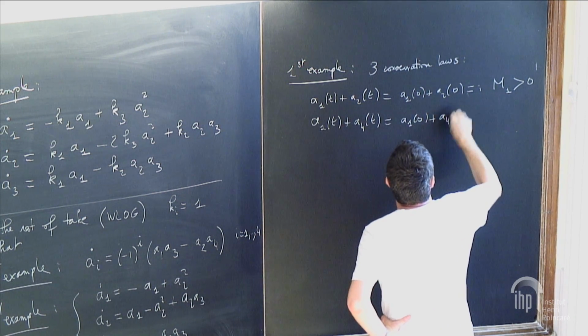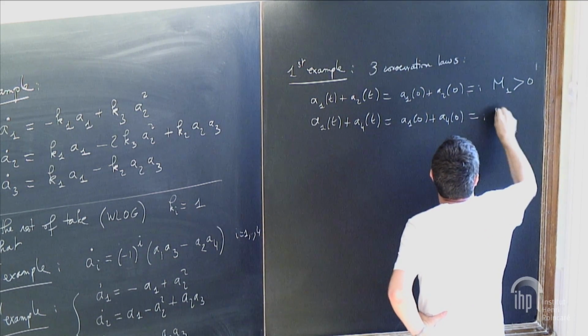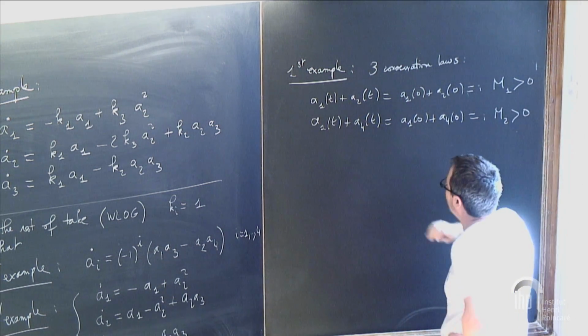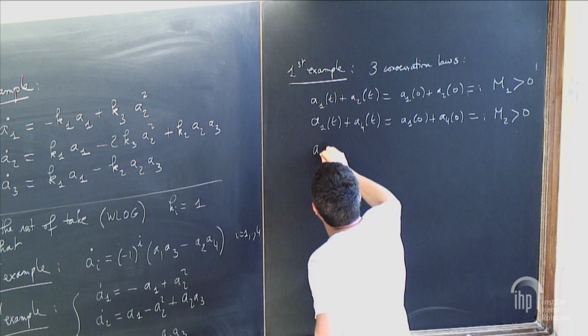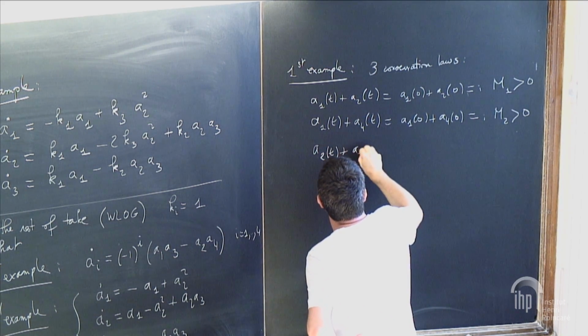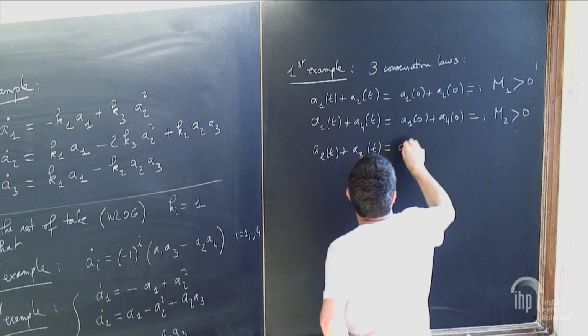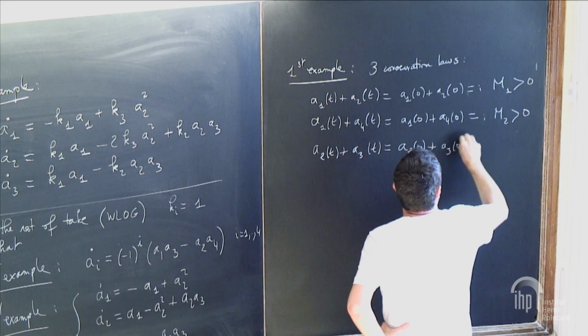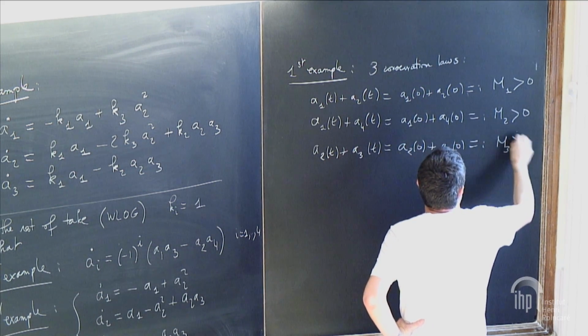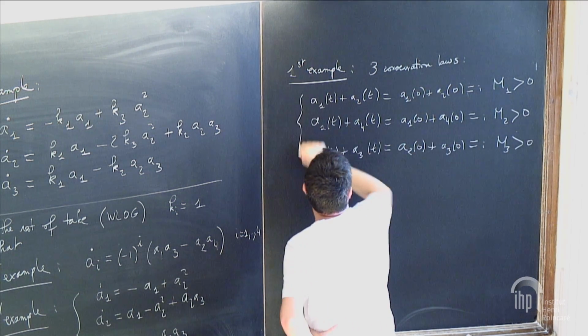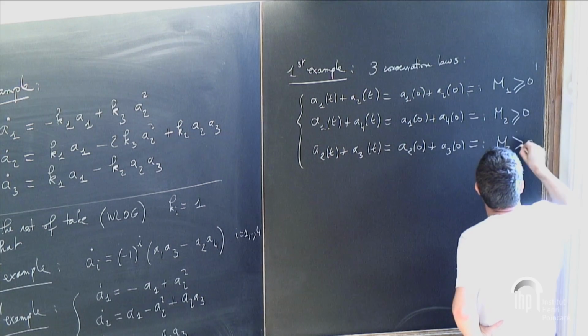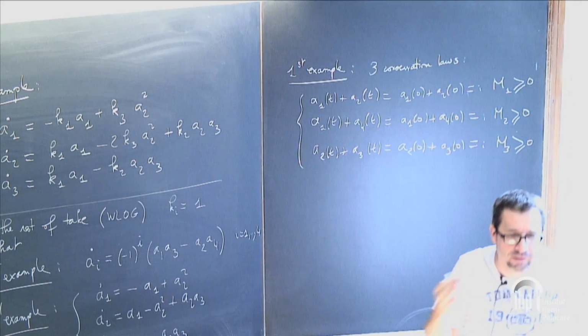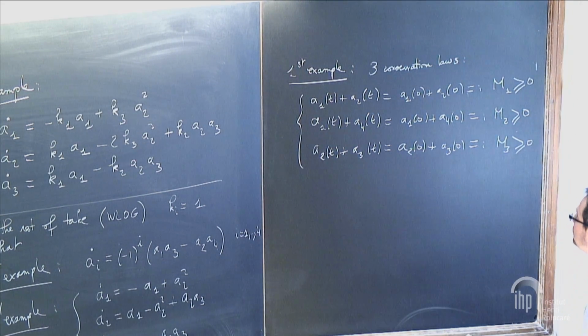So you have the same for A1 plus A4, and the last one, let's say, the last one which is independent of the previous ones is this one. Well, let's say that we take it non-negative, in practice rather strictly positive.